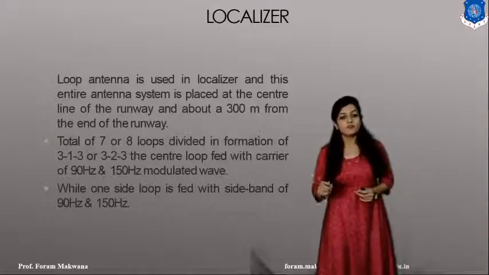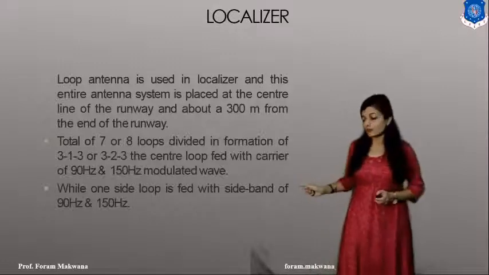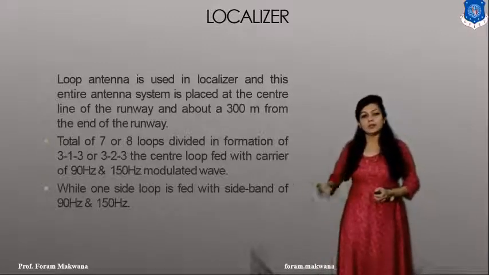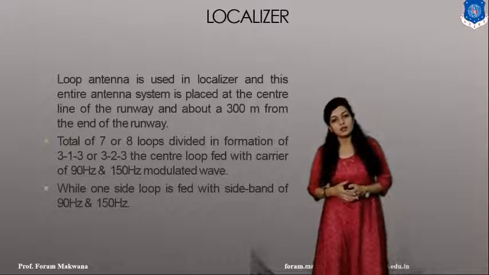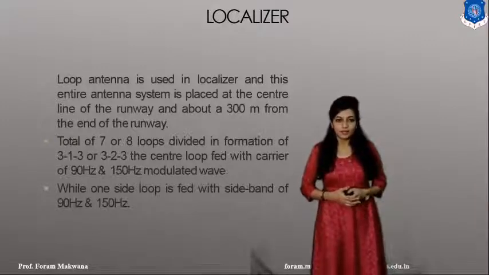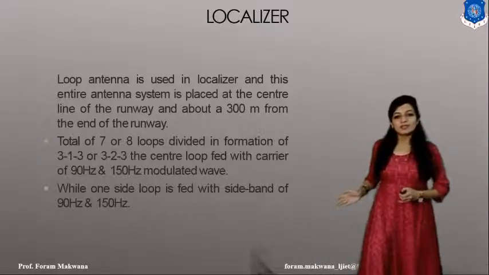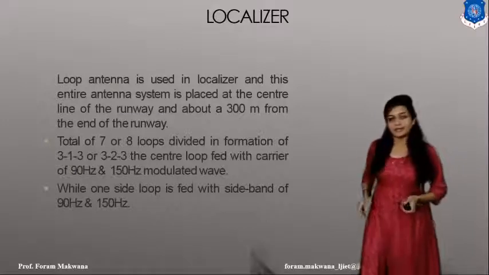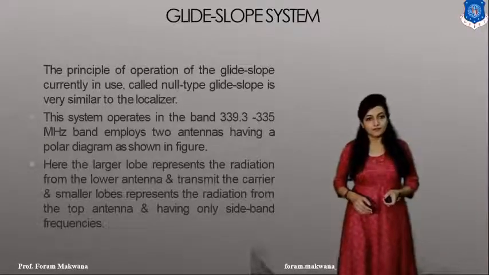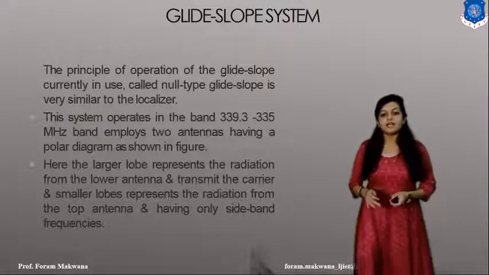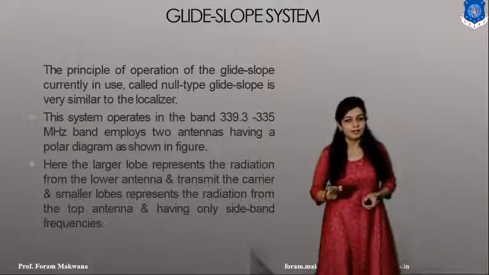Center of the loop is fed with the carrier of 90 Hz and the 150 Hz modulated wave. Alright. So if one side loop is fed with the sideband of 90 Hz and 150 Hz, we are able to scan rapidly.